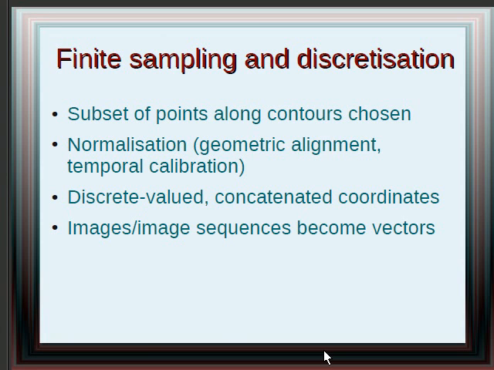Now, once you've done all that, you want to quantize, you want to normalize, you want to calibrate all those different factors. So you generally want to ensure that in terms of the cardiac cycle, you get things in alignment, so you compare like with like, but also in terms of geometric things, you want to ensure that the scale and the orientation in the image is all alike in all the images you deal with.